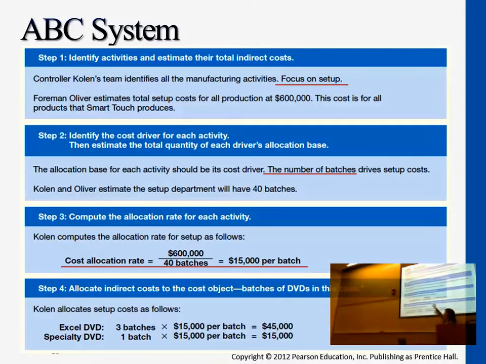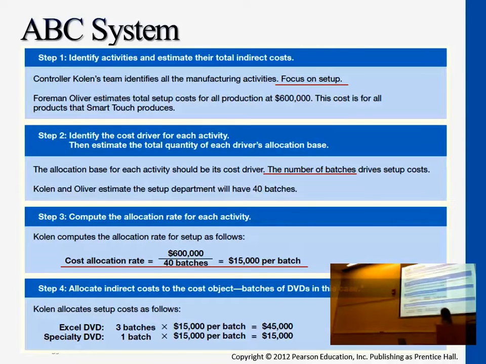So the setup cost all along the year is estimated at $600,000, and the total batches, the orders received from customers, is estimated at 40 batches. So per batch, the setup cost will be $15,000. Okay, so that will be the rate for setup.